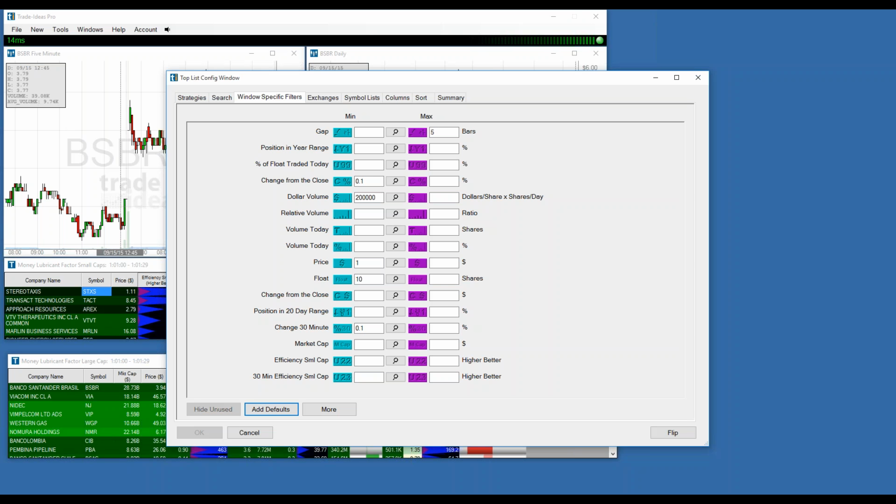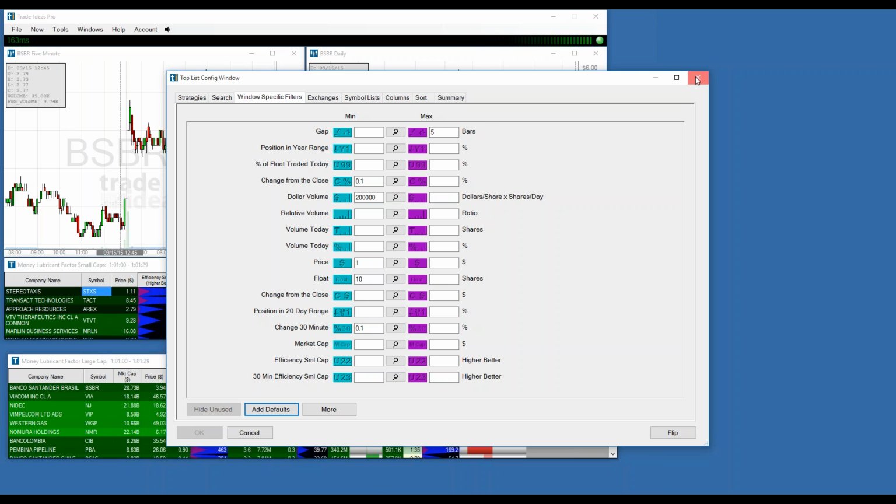So something's happening. I'm in the price of one. Some float that avoids ETFs and other things like that. And I also set, I believe, a 1/10 of a percentage change over the last 30 minutes. So there's some positiveness to this. You can see that generally the filters here are positive.